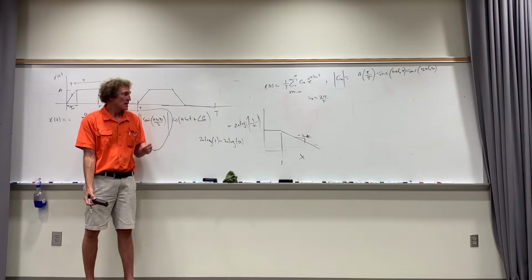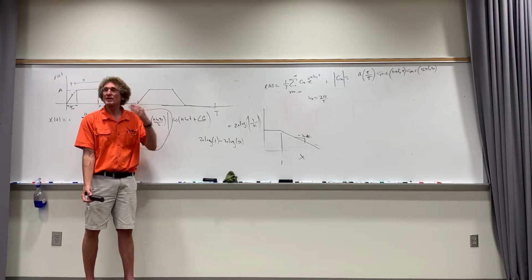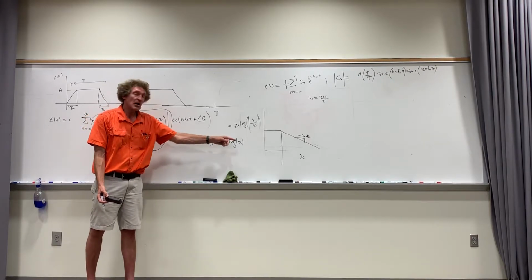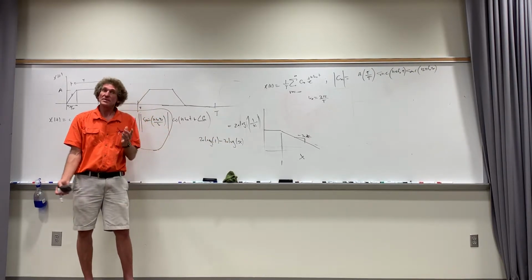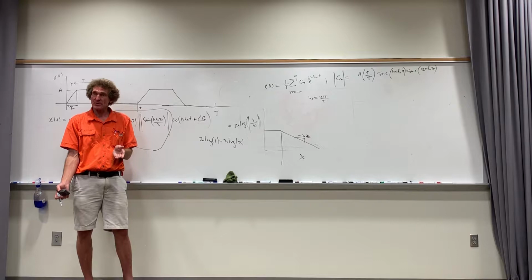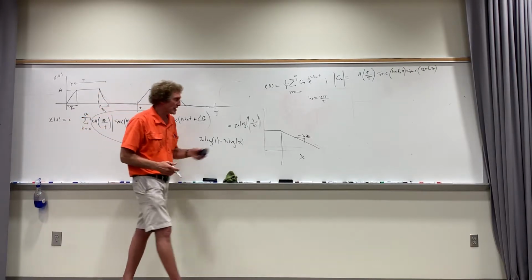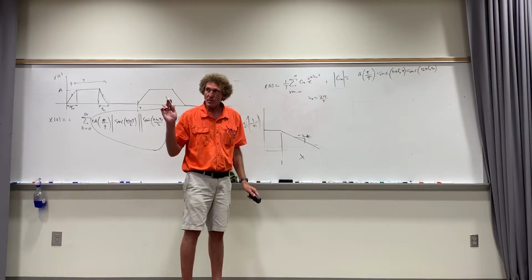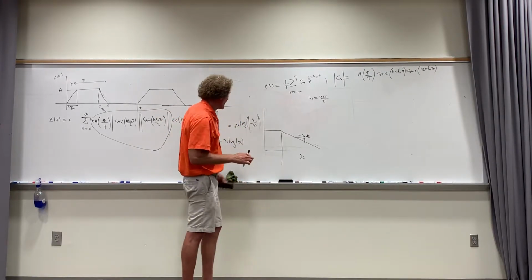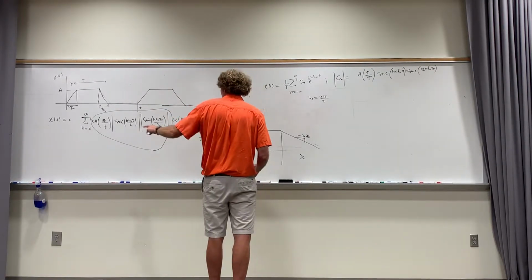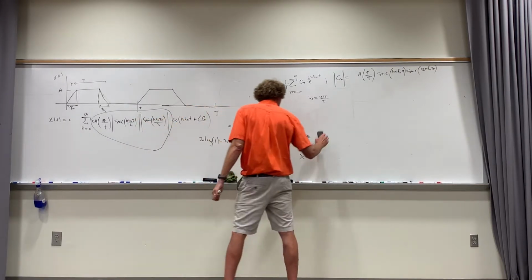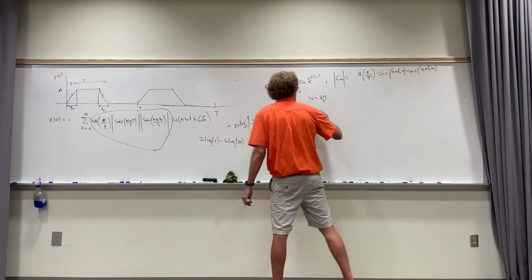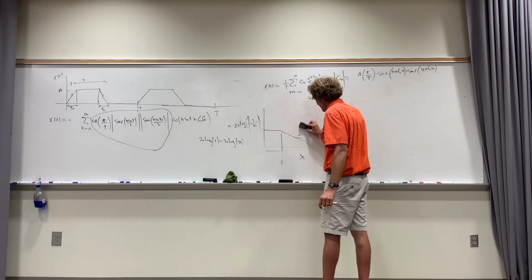So I start at 0. Now let x be 10. That's 1 order of magnitude, correct? From 1 to 10. When it's 10, log of 10 is 1. 1 times 20 is minus 20, right? It's falling at 20 dB per decade. That's where that comes from. Follow me? And it's important that you appreciate this. Now, I'm going to go and talk about this function. But I want to make sure I covered that.